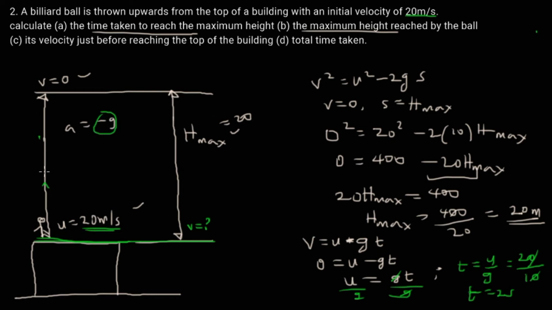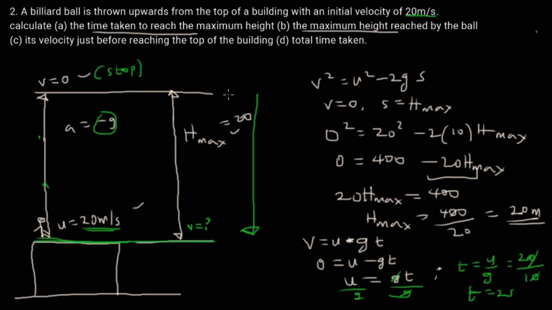It will get to a point where it would have exhausted its velocity, and that's why its final velocity is equal to 0. At that point the object will stop a bit. Now after some time gravity will act on it, then it falls back to the top of the building.